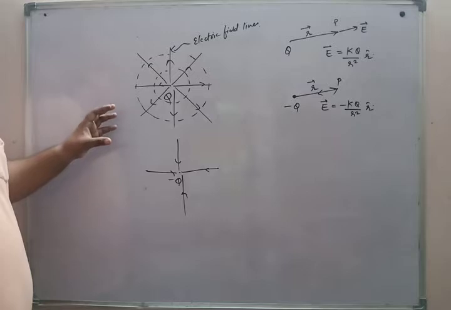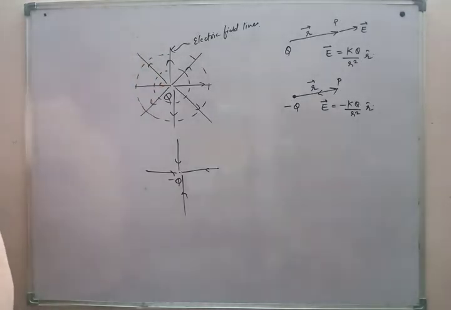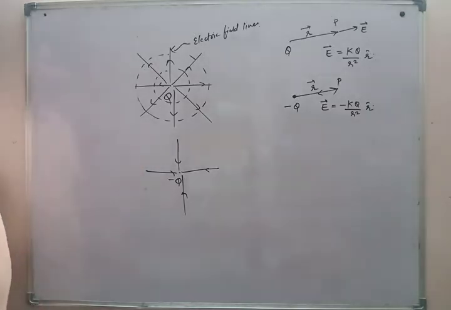So density of electric field lines is directly proportional to intensity of electric field, which we have already discussed.